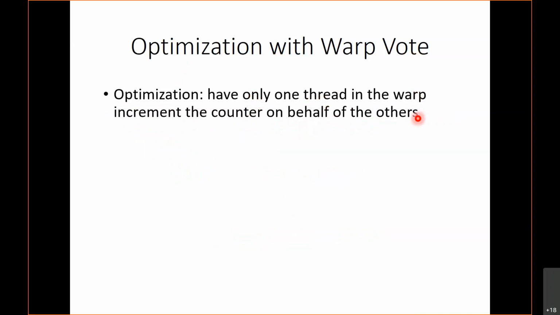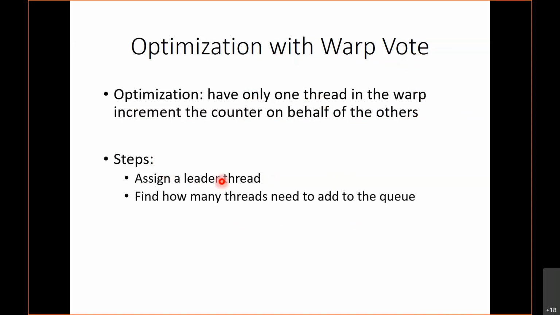And here are the steps that we're going to follow to do this. The first thing we're going to do is assign a leader thread, one thread in the warp that's going to lead all the other threads in the warp. Then we want to find how many threads in the warp want to add to the queue. Once we know that, we're going to have the leader thread perform an atomic operation to reserve that much space in the queue.